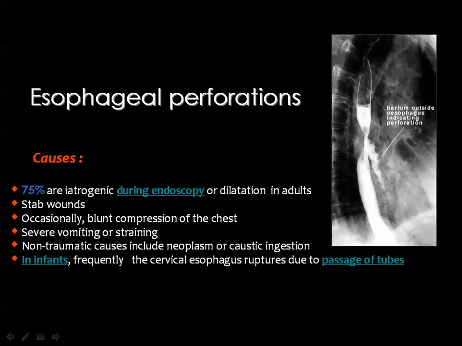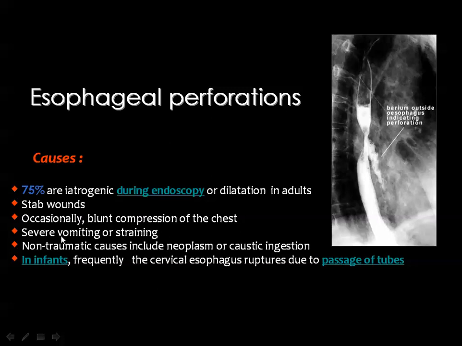And then the final issue is esophageal perforation, which may be iatrogenic sometimes due to introduction of endoscopes or some of the catheters, for example, or maybe due to trauma by stab wounds and penetrating injuries, and rarely it may be secondary to blunt trauma to the chest and compression.